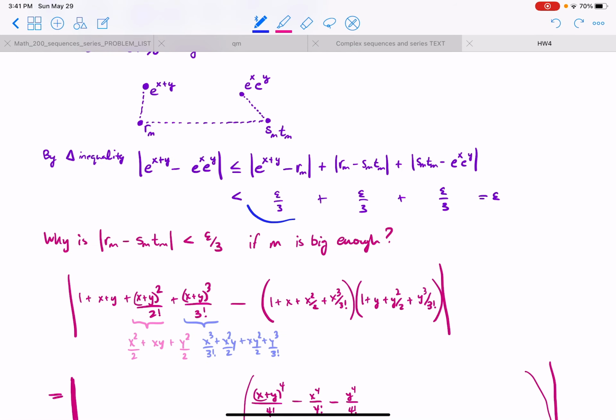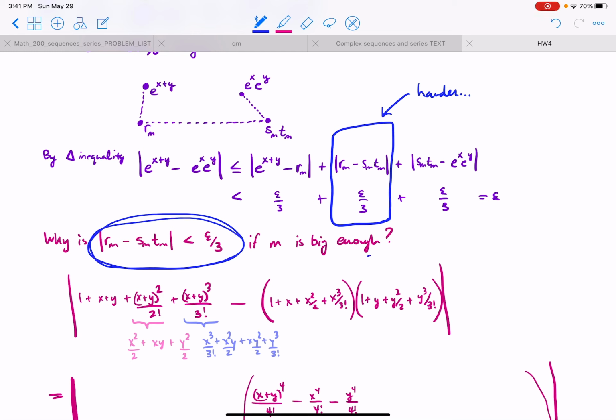Now, this can be made less than epsilon over 3 just because e to the x plus y is the limit of the Rm's. This can be made less than epsilon over 3 just because e to the x times e to the y is the limit of the partial sum, or the partial of the sequence formed by this product by limit laws. So the hard part is here. This is hard. So why is this true if m is big enough?